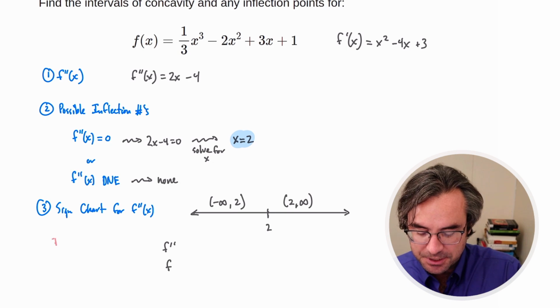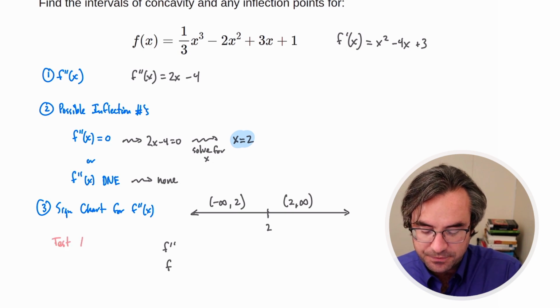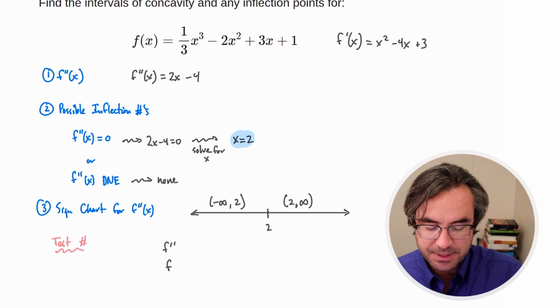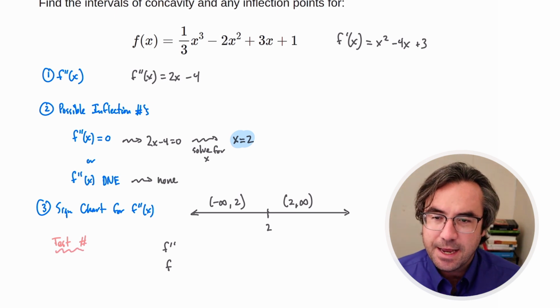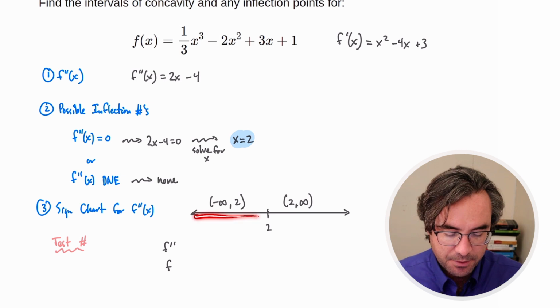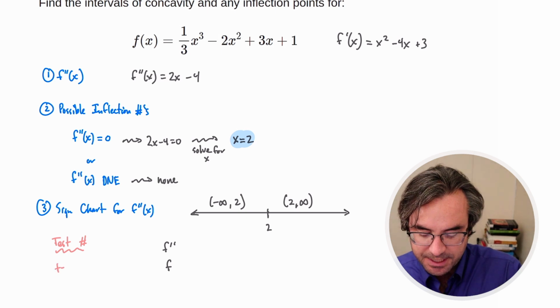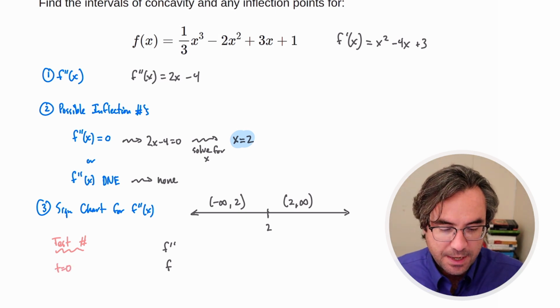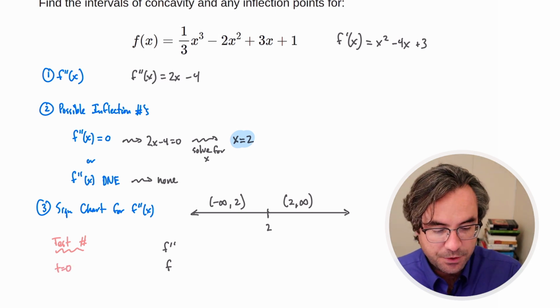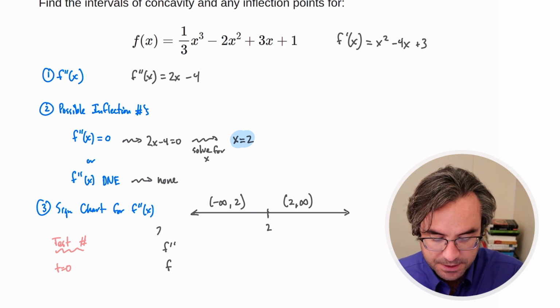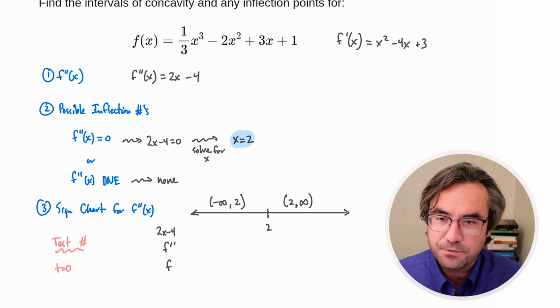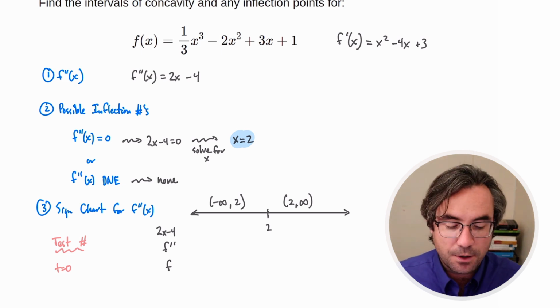Just like we would do for intervals of increase and decrease, let's pick some test numbers here. We want to pick a number that's less than 2. So 0 is always a nice one to use. So let's take the test number 0. Let's write down our lone factor here, 2x minus 4.